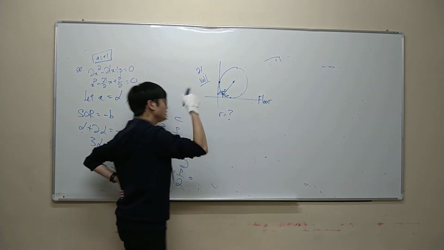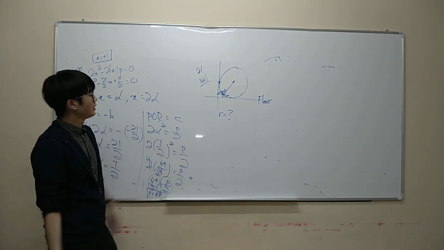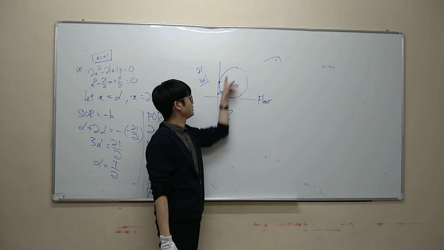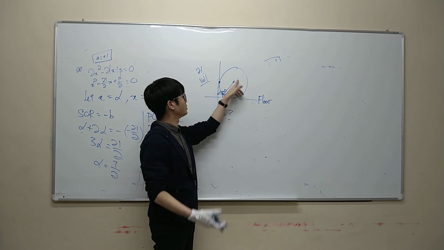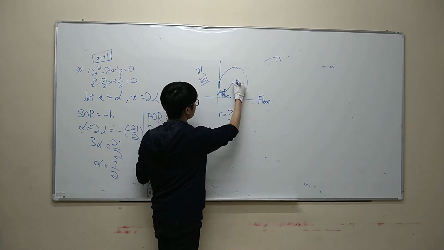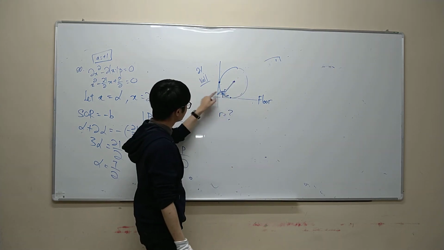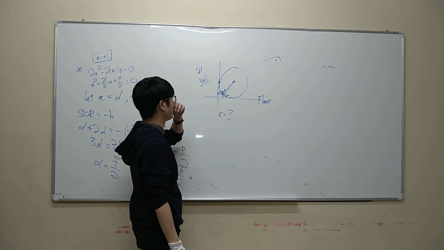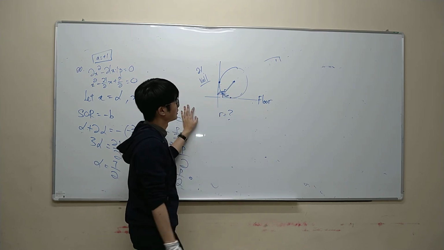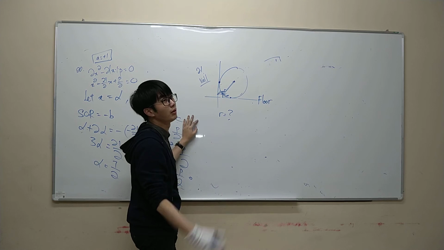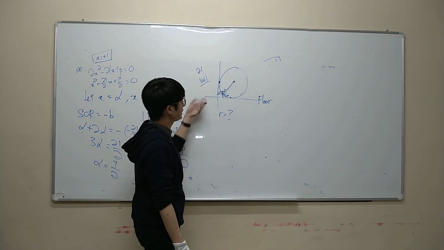Because that is the only place with info. If you draw to any of these parts, there is no info, but if you draw to P, there is info, because they say P is 2 cm away from the wall and 1 cm away from the floor. So I will choose to draw to here. And after I draw to here, then how? I know this length is the radius, but how?